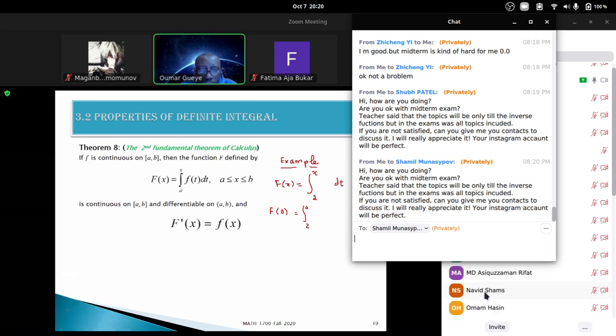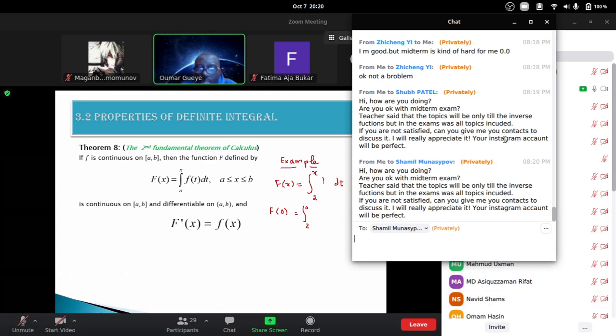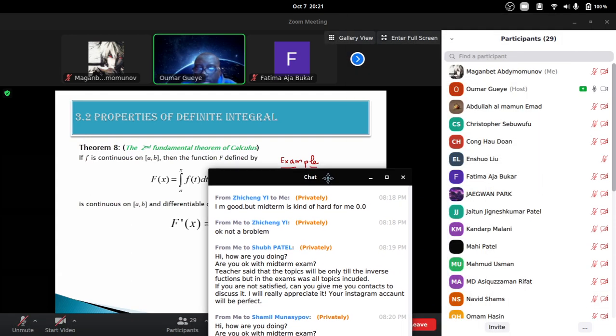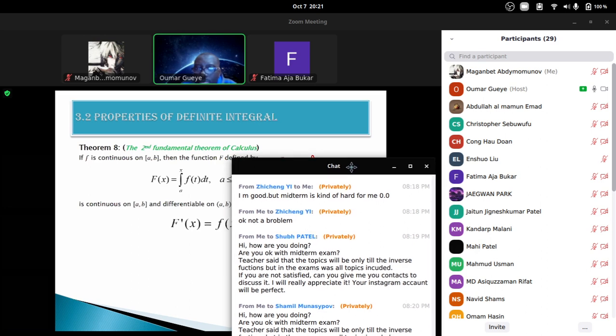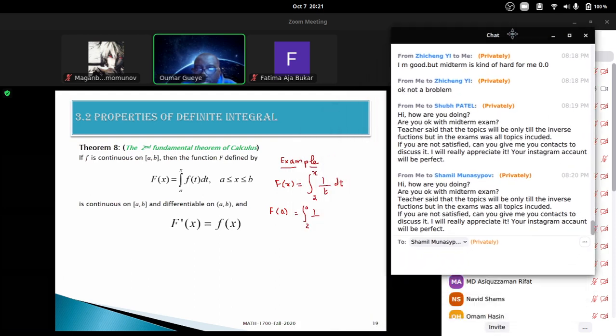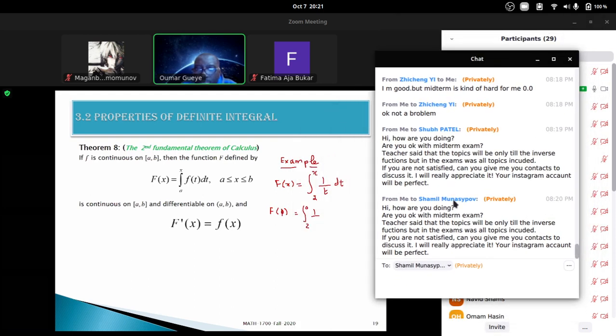I just want to use 1 over t, my bad, to simplify my calculations. Okay, I'm going to calculate f at 1, for example, because at 0 the function is undefined.